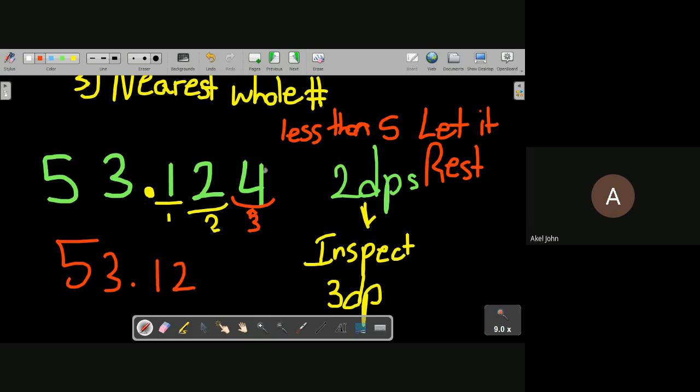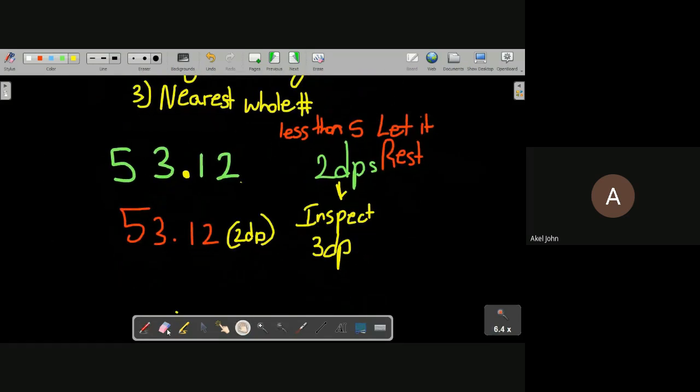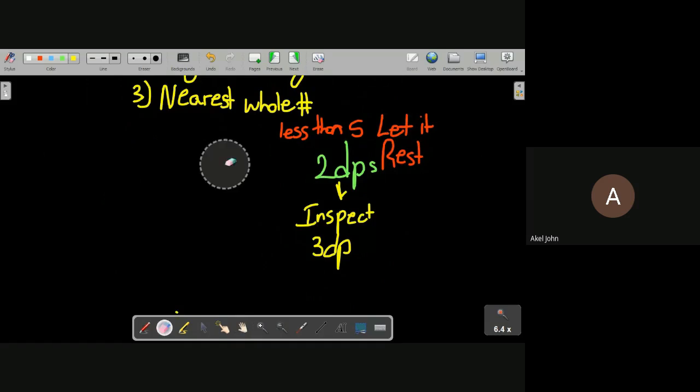Since this 4 is less than 5, you let it rest, and you do so by simply removing it. That would be now to two decimal places. So any amount they ask you for, you need to inspect one more than it.